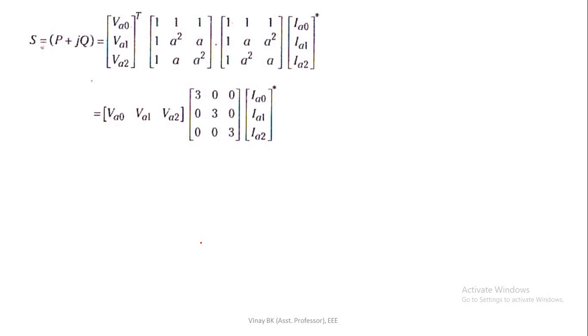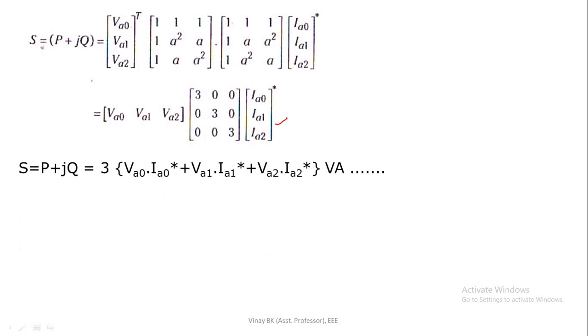With the help of the A operator, we can get 3, 0, 0, 0, 3, 0, 0, 0, 3 into I. So next, I can write this as 3 into VA0 into IA0 conjugate plus VA1 into IA1 conjugate plus VA2 into IA2 conjugate. This is the complex power, say it as complex power of symmetrical components. We can say it is apparent power as well.